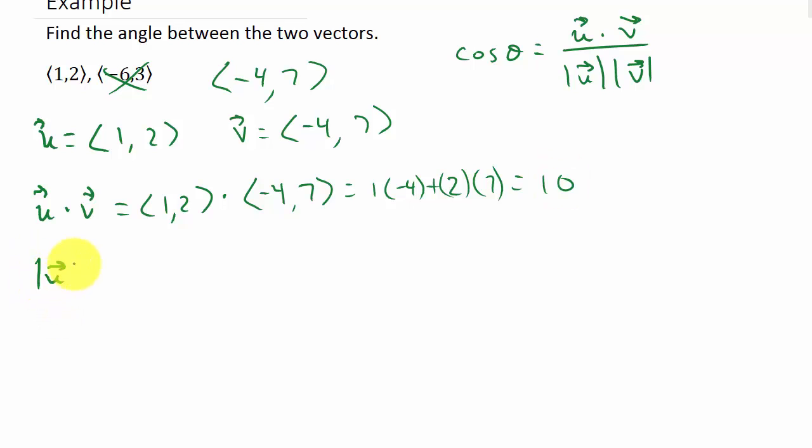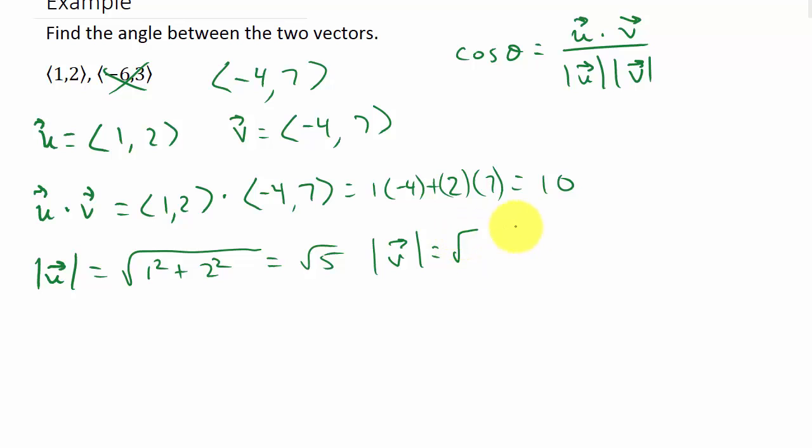Now let's find the magnitude of u. Remember, the magnitude of a vector is the square root of this squared plus this squared, 1 squared plus 2 squared, so that's the square root of 5. And the magnitude of v is the square root of negative 4 squared plus 7 squared, so 16 plus 49 is 65.